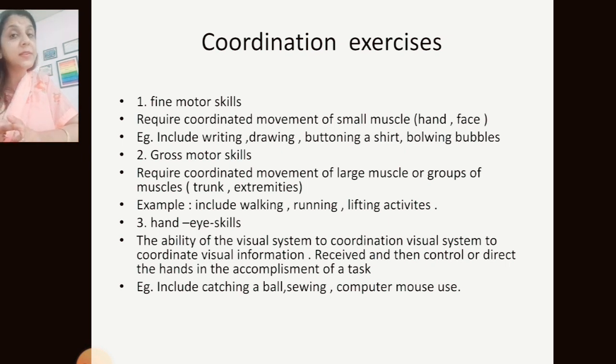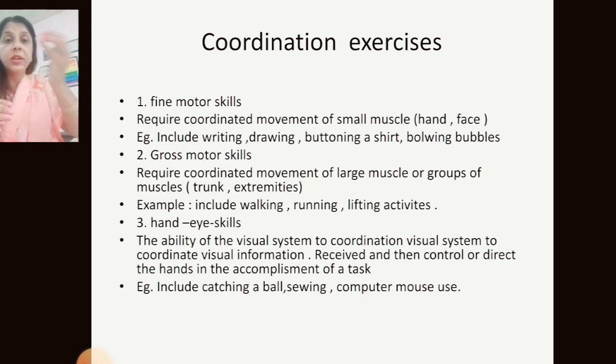We have Frenkel exercises in different positions. You ask the patient in lying, sitting and standing positions, and picking up activities. For the larger muscle groups, we train the patient in fine motor skills as well as gross motor skills. In coordination, we must work on all the systems, like the vestibular system, motor system and sensory system. When we ask the patient to do hand-eye coordination, which is very important for coordination, we must work on the visual system to coordinate the visual information first, then receive that information, then control and direct the hand to accomplish the task.